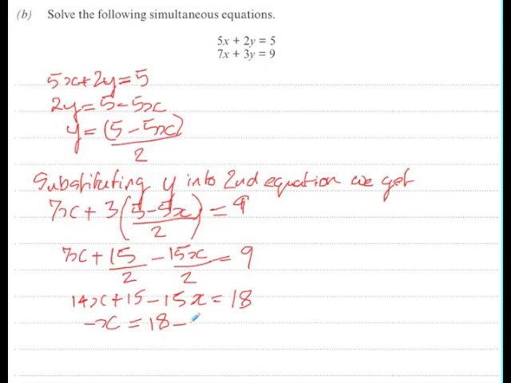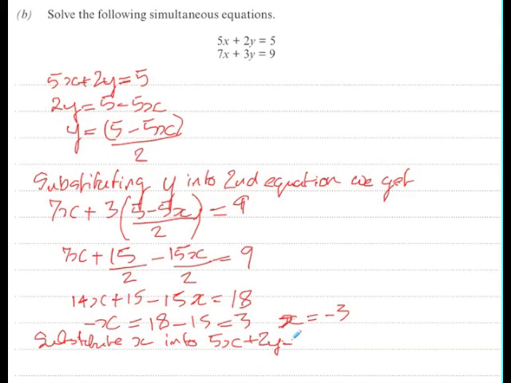Subtracting 15 from both sides, we get minus x equals 3. So x equals minus 3 by multiplying both sides by minus 1. So once you've got x equals minus 3, we'll substitute x into 5x plus 2y equals 5.